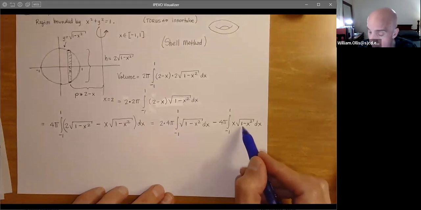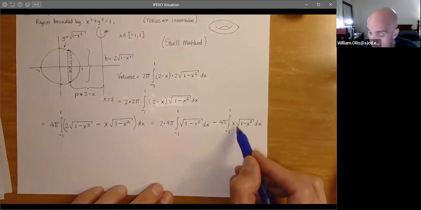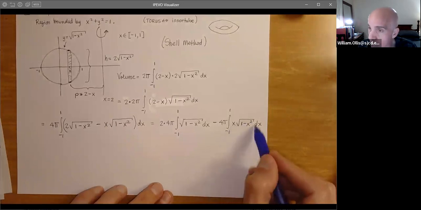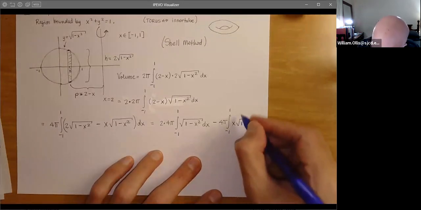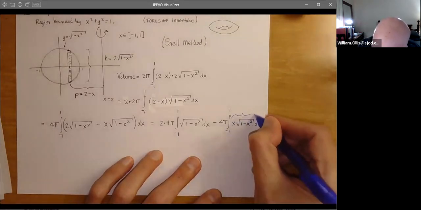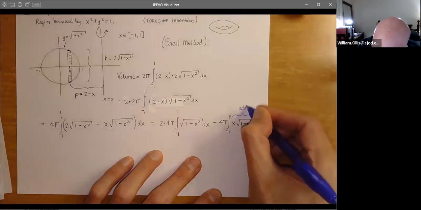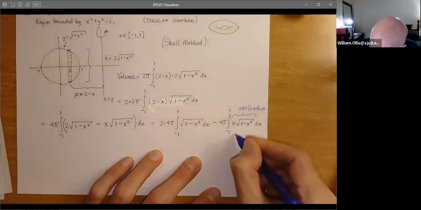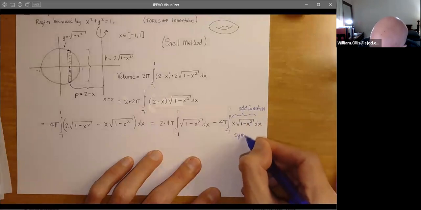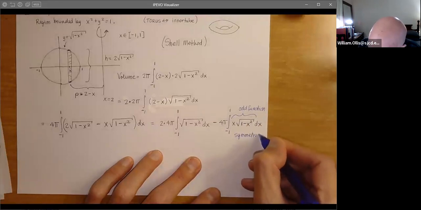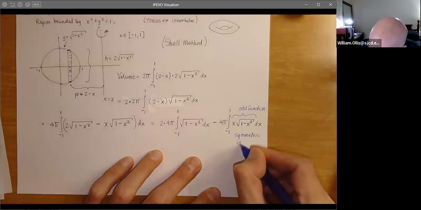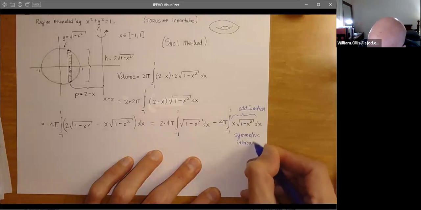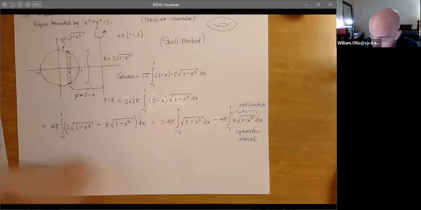Again, it is defined on -1 to 1, and if we replace x with its negative, we get the negative of this function. So this is an odd function, and we have a symmetric interval. That's the theorem you do in Cal 1.